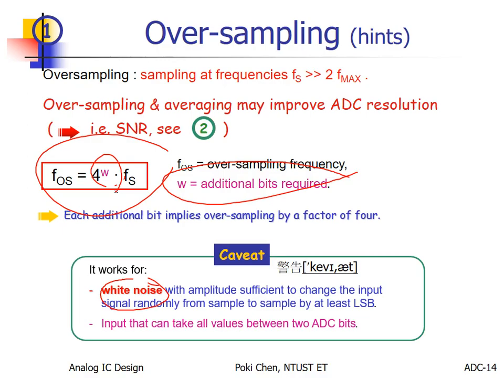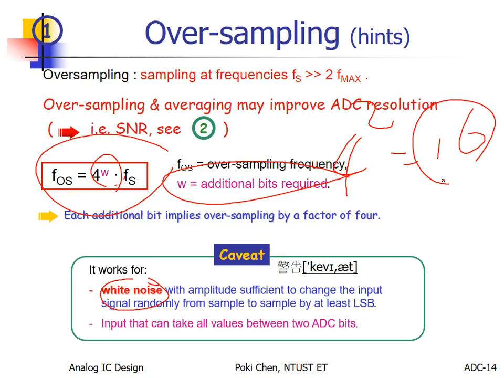What does it mean? How about 2 bits? You need to increase your sampling frequency by 16. So enhancing your ENAB by oversampling is a stupid idea.